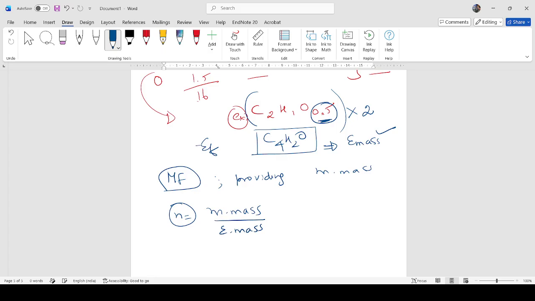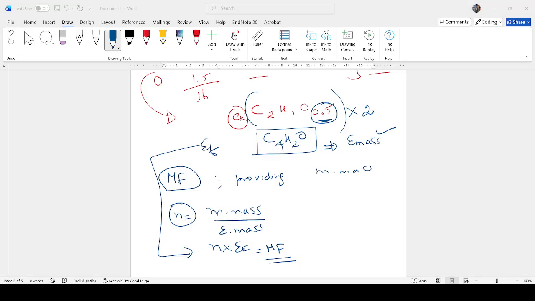Now take your empirical formula and multiply by this n to get the molecular formula of the compound. Is it clear till this for both of you? Yes, ma'am.